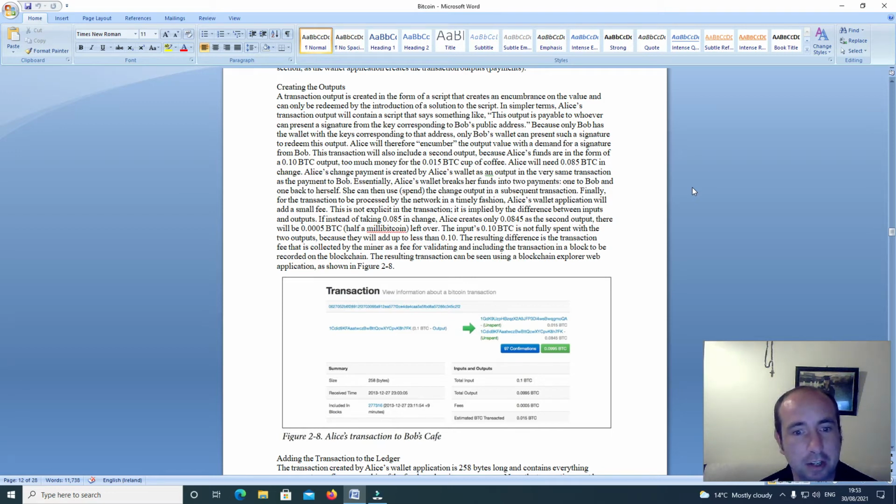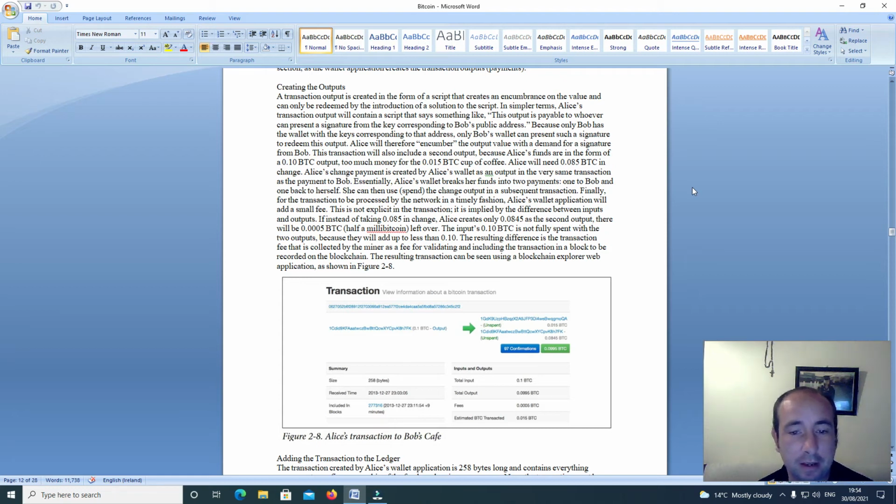Finally, for the transaction to be processed by the network in a timely fashion, Alice's wallet application will add a small fee. This is not explicit in the transaction. It is implied by the difference between inputs and outputs. If instead of taking 0.085 in change, Alice creates only 0.0845 as the second output, there will be 0.0005 BTC, half of a millibitcoin, left over.